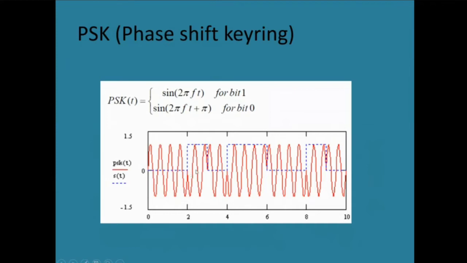Here from 1 to 0 there is a 180 degree phase shift. This is your PSK output, where only the phase of the carrier signal alone is varied, and amplitude and frequency remain constant. This is your phase shift keying technique, which is the same as phase modulation in analog communication systems.